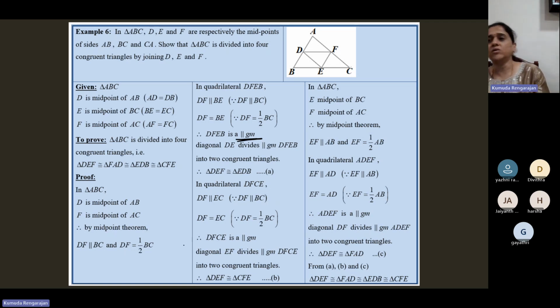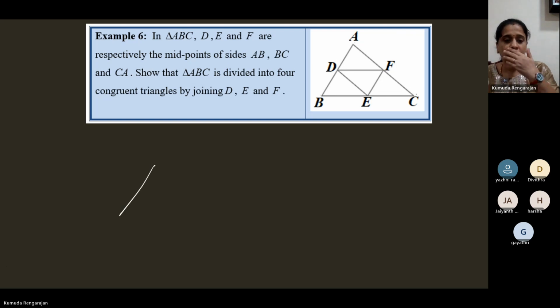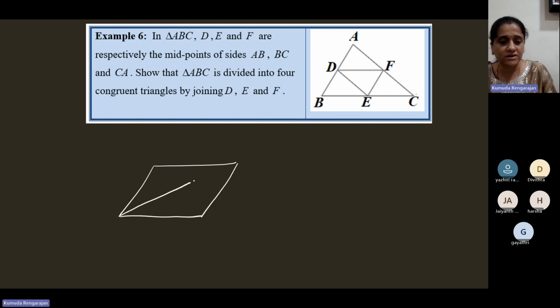Now there's a property that says that the diagonal of a parallelogram divides it into two congruent triangles.